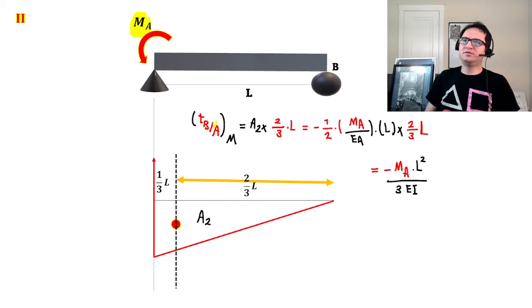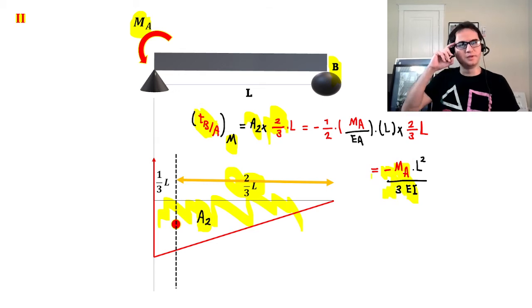And if you calculate t with respect to A, this time for the moment, it says A2, times 2/3 of L, which is the distance to B. And that's negative, because the area is negative, 1 over 2. We don't know what MA is, and that's a negative MA L squared over 3EI if you do the math.